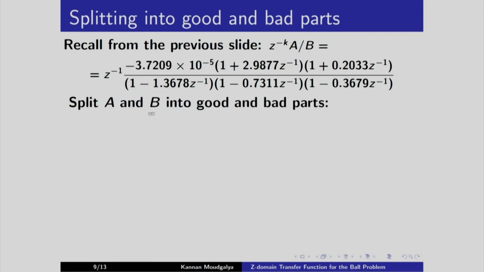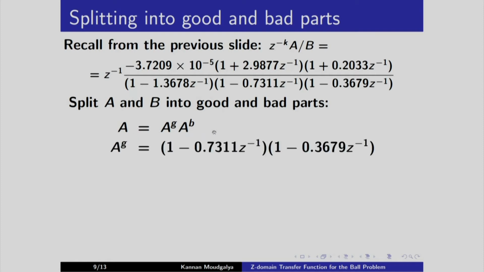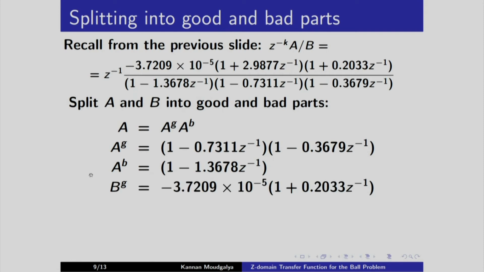Now split a and b into good and bad parts. Let us first do this for the denominator a. A is ag into ab, and the second and third factors have their zeros inside the unit circle, so I call it ag. The rest of it is the bad portion, I call it ab. Similarly, do this for b.